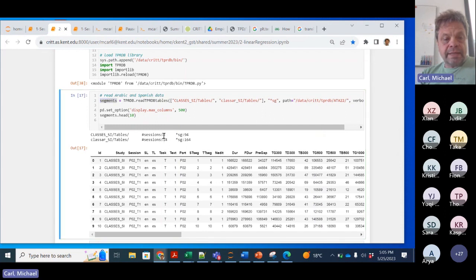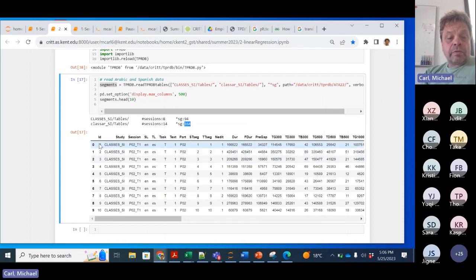There are 8 sessions for Spanish and 14 sessions for Arabic, and these 8 sessions have 94 segments, and these 14 sessions have 164 segments. If we add those together, there would be 258 lines in this table, and each line represents one segment.